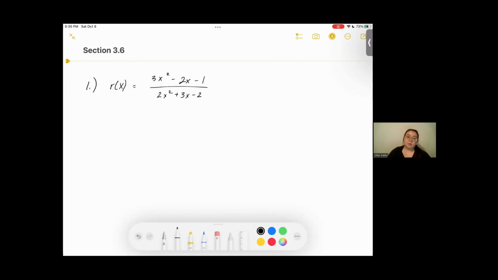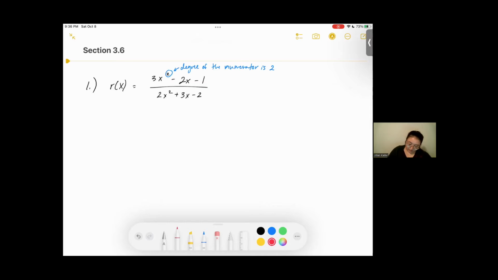The horizontal asymptote really depends on the degree of the numerator and the degree of the denominator, which, if we remember, is the highest numbered exponent. The degree of the numerator in our case is 2. That's the highest numbered exponent.